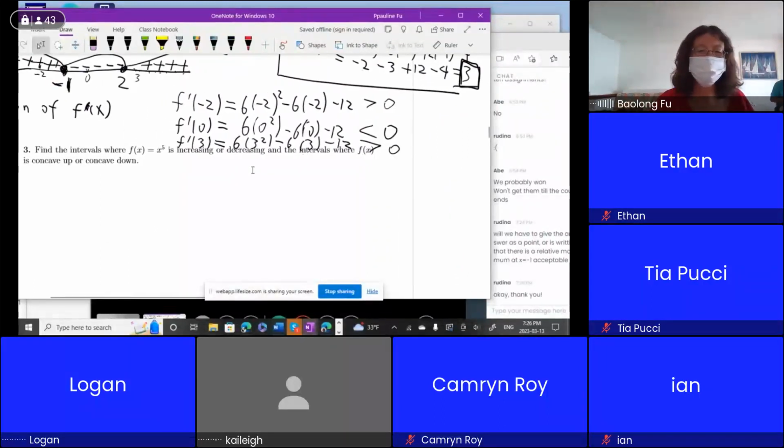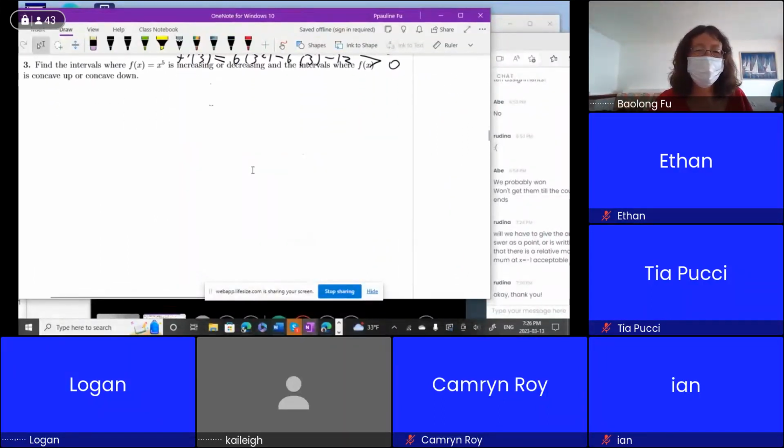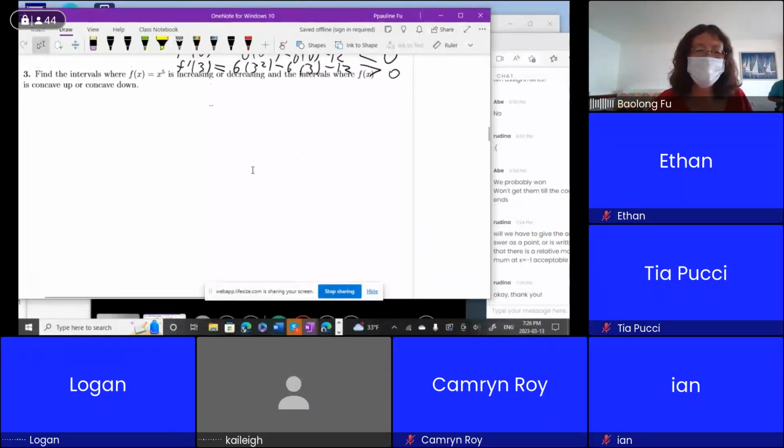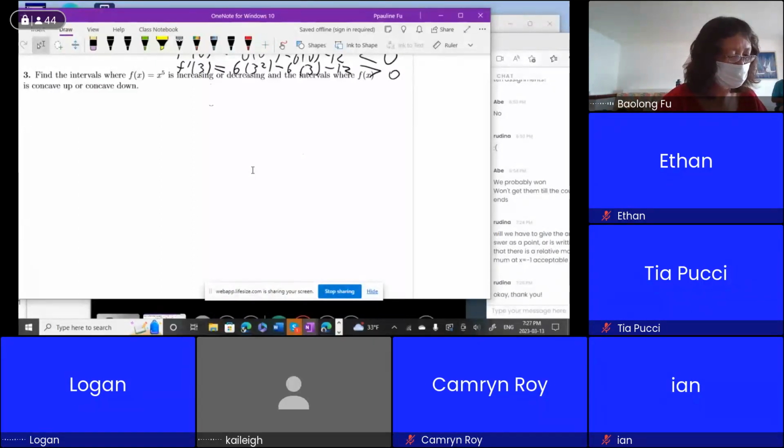Find the intervals where f(x) equals x raised to power 5 is increasing or decreasing, and the intervals where f(x) is concave up or concave down.